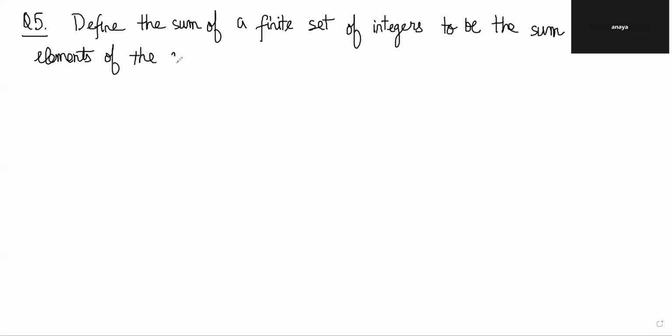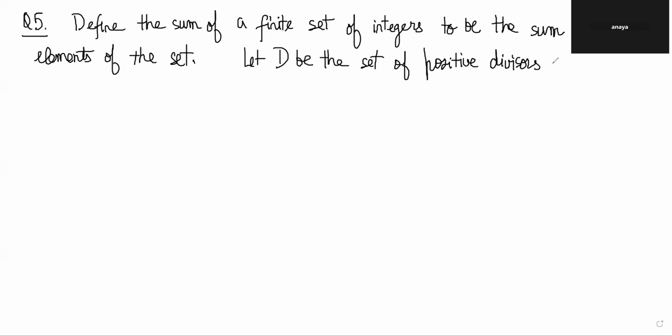Now let D be the set of positive divisors of 700.